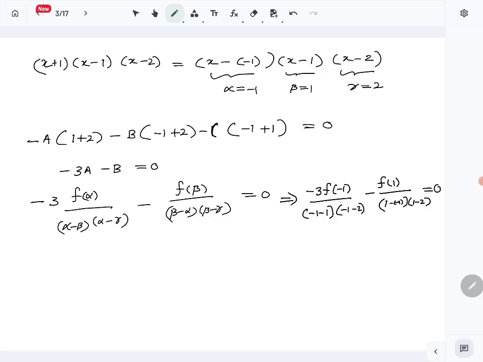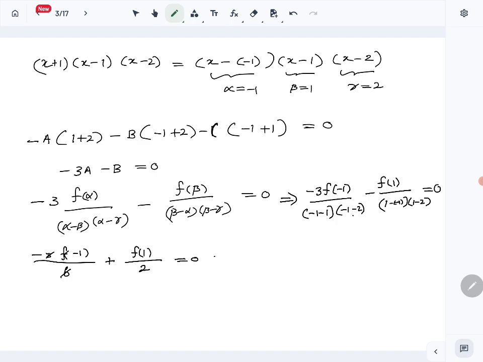Right. Now simplify that, you get what? Minus 3 f of minus 1 over minus 2 times minus 3, so plus 6, minus f of 1 over 1 minus minus 1 becomes plus 1, so 2 times minus 1, so minus 2, and this minus and that minus cancel, so this becomes plus 2, equal to 0.